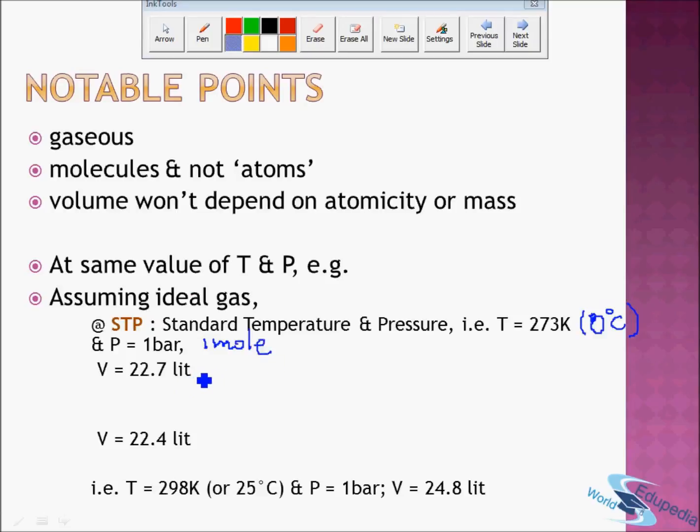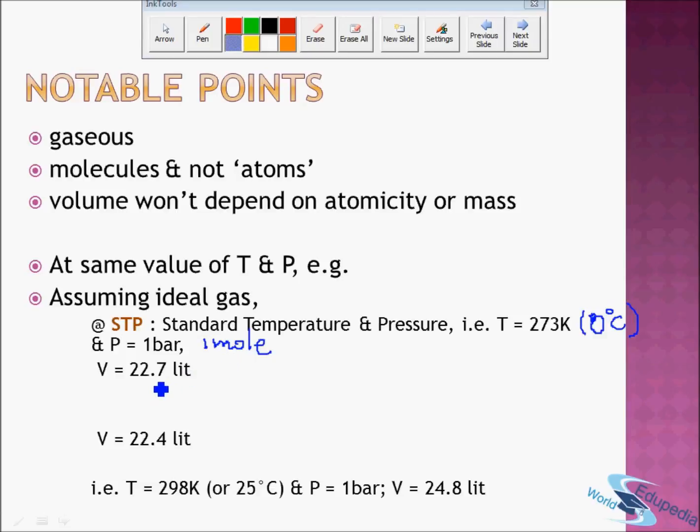You don't have to remember this volume term. I'll tell you what you have to remember: as long as I have fixed temperature and pressure, given moles of any gas will occupy the same volume. If 1 mole of methane is taken, 1 mole of carbon dioxide, 1 mole of sulfur dioxide, 1 mole of nitrous oxide, irrespective of which gas I am talking about, they will all occupy the same volume.